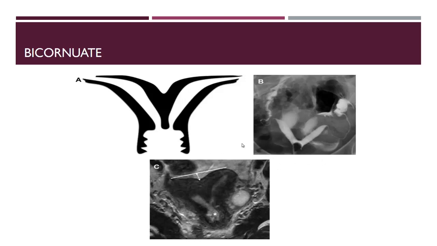In the past, we said that if it is an acute angle, it is septate, and if it is an obtuse angle, it is bicornuate, but unfortunately it is not so. Sometimes we find a septate uterus with a large obtuse angle. So don't write bicornuate or septate from the hysterosalpingography.